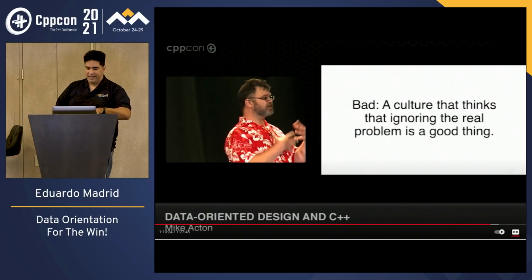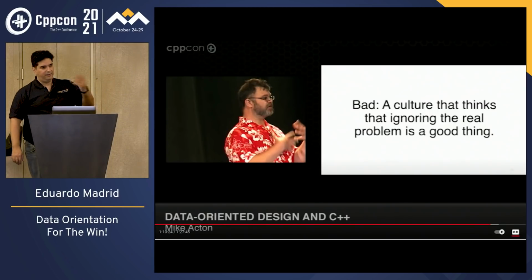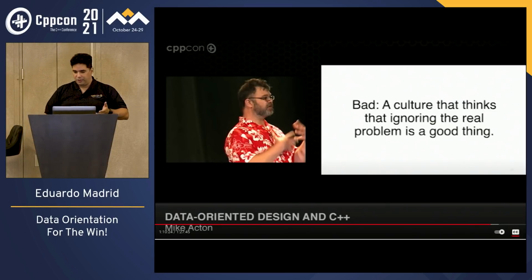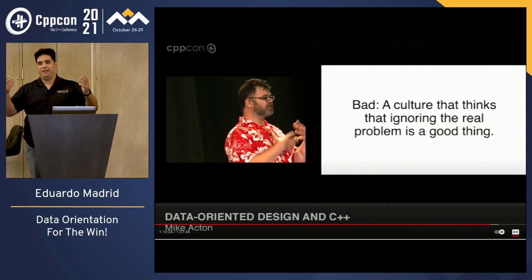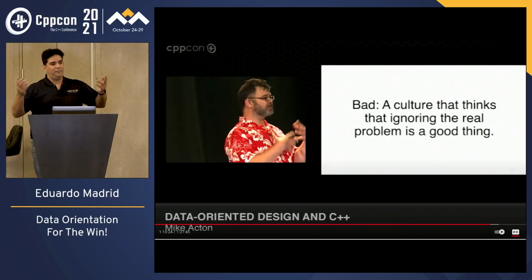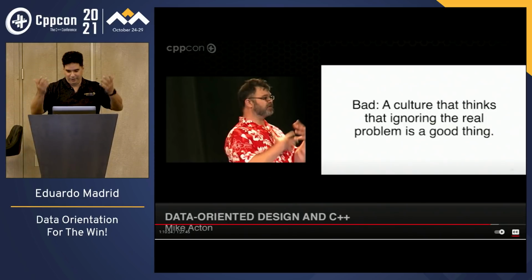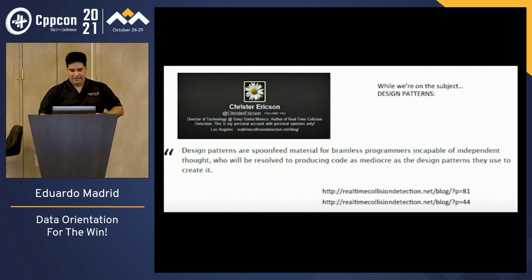At the end of his presentation, Mike Acton said that C++ has a bad element to it, which is a culture that thinks that ignoring the real problem is a good thing. So he thinks that we C++ programmers don't attempt to solve the real problems. We do something else.